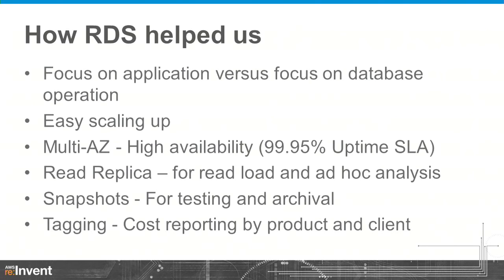Our application can usually scale horizontally to accommodate spikes and increases in transaction volume. But if we need to, it's also very easy to scale up RDS, raising provisioned IOPS, processing power and memory.